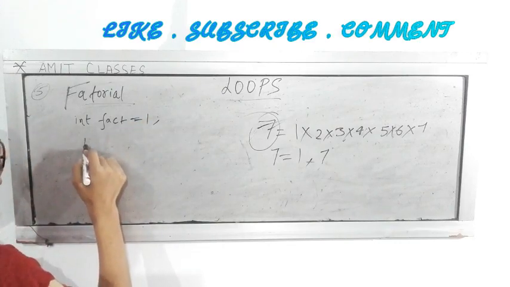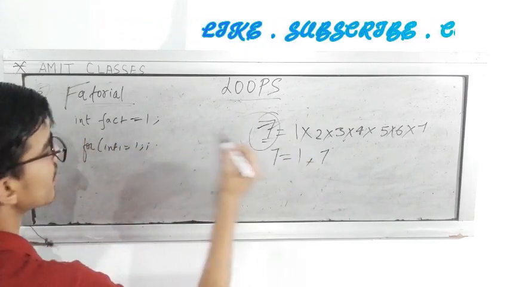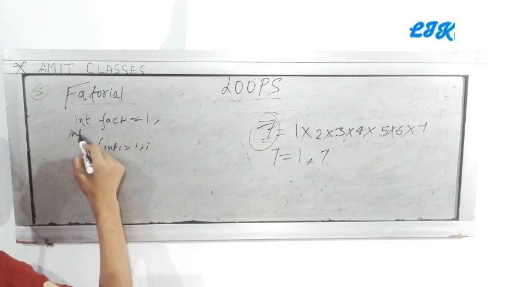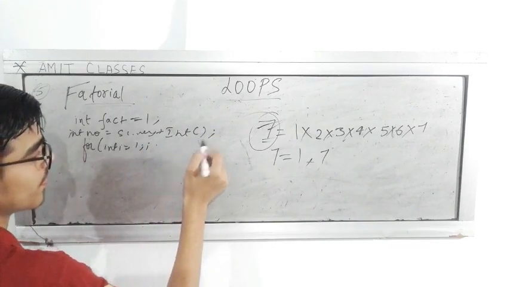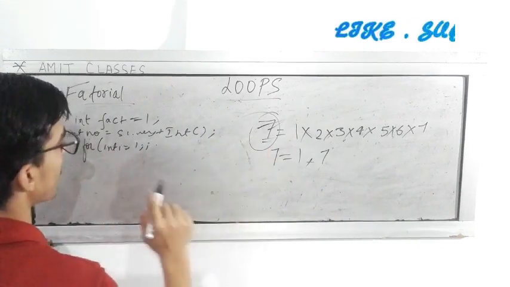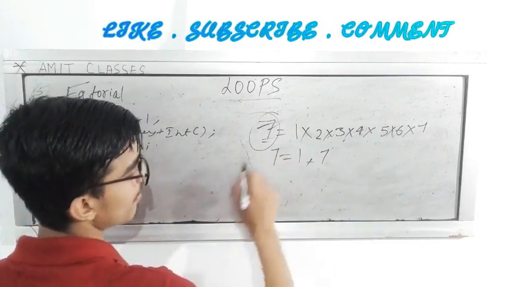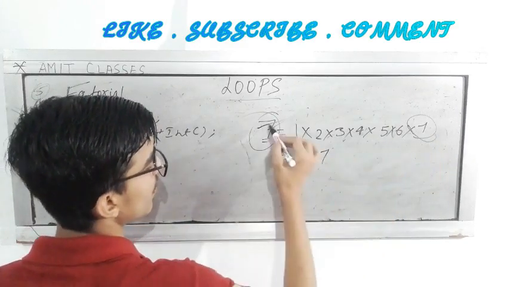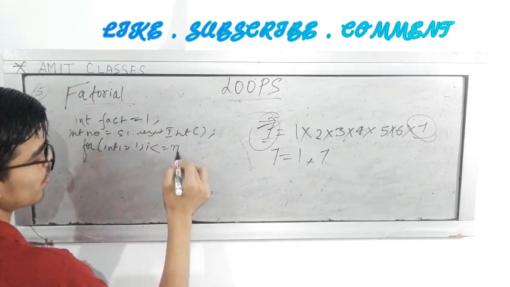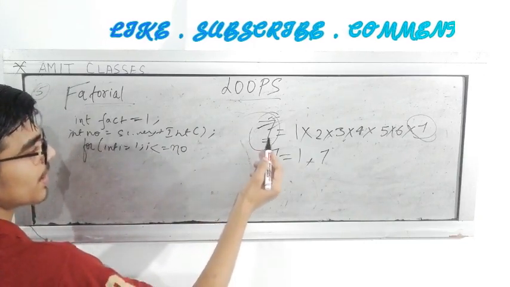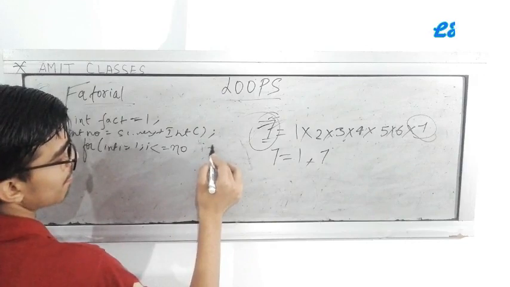Then for int I is equal to 1, we have to take input of this number: int no is equal to sc dot nextInt. The last number is 7, which is the original number. So I is less than or equal to no, meaning if the input is 7, the last number will be 7, and I plus plus.